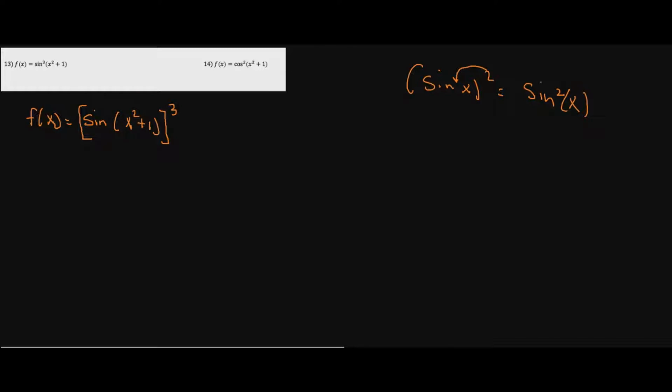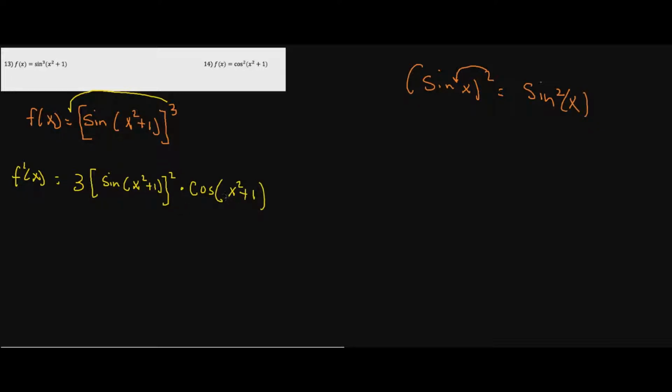Now if I take the derivative of this, we'll ignore everything on the inside, bring the 3 down, and we're going to get f prime of x is equal to 3 sine of x squared plus 1, subtract 1, we get 2, times, now we work our way inside. Now we ignored everything on the inside, now we work our way inside. What's the derivative of sine? Well, we get cosine, and we ignore this part here, and we get x squared plus 1.